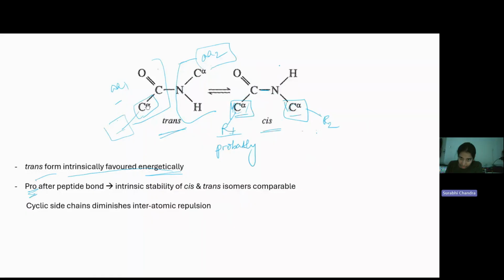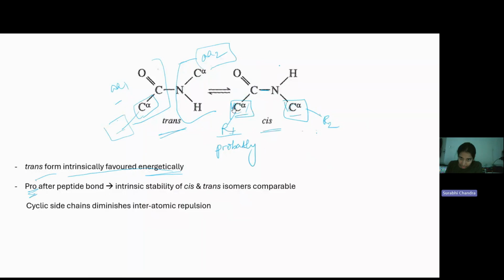Now the groups attached to the C alpha of amino acid 1 and similarly for amino acid 2 are really bulky groups. Now in general, if these two were to exist on the same side, there will be repulsion between the bulky groups. So thermodynamically or energetically, these are more stable in the trans form, present on opposite sides. So there's lesser steric hindrance between these two bulky groups of two different amino acids, as compared to the cis form, where you will have a comparatively greater amount of steric hindrance.